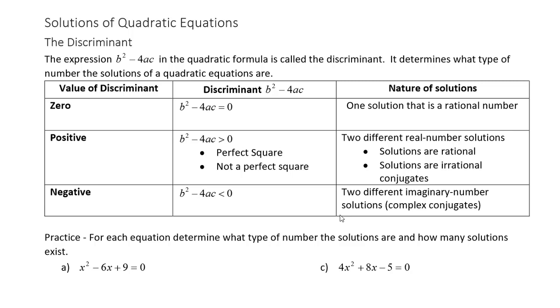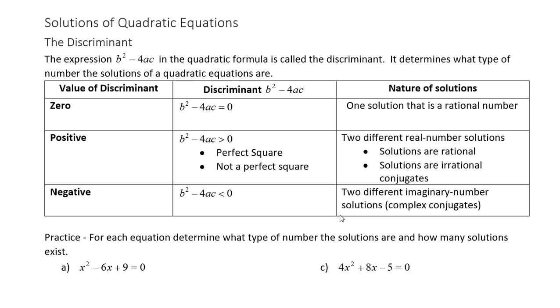If you have a perfect square, your solutions are rational. And if you do not have a perfect square, your solutions are irrational conjugates. Finally, if you have a negative discriminant, where b squared minus 4ac is less than 0, you'll have two different imaginary number solutions. They're called complex conjugates.